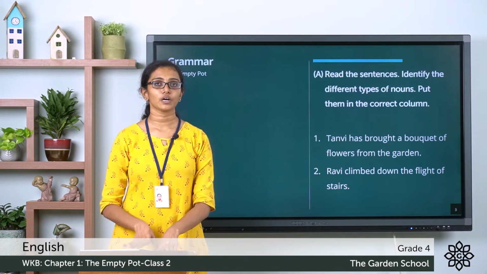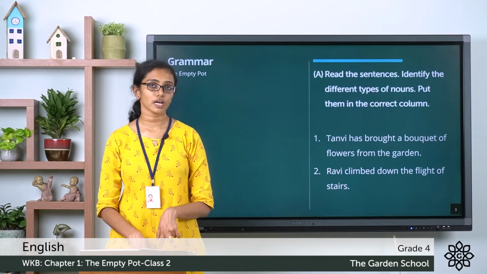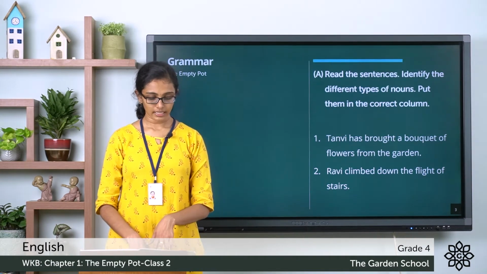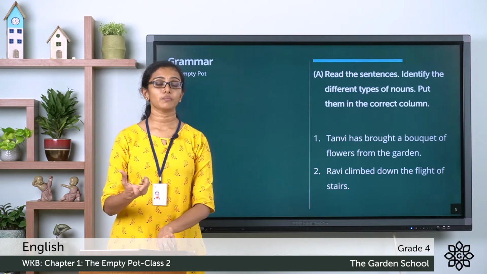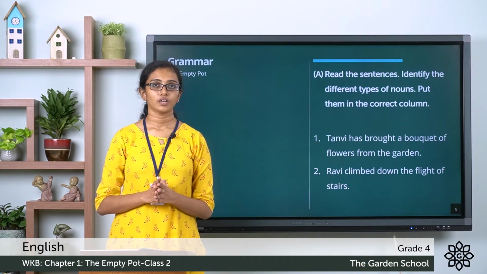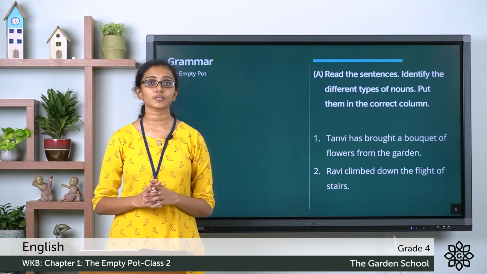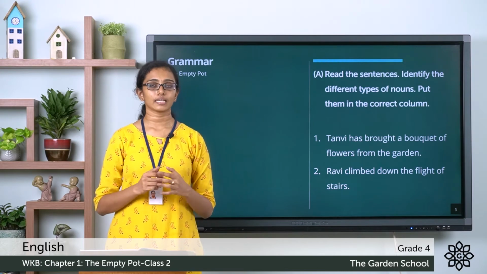These are examples of common nouns. So these words are written in the column called common. And then in the same sentence, you can see the word bouquet, which represents a collection of flowers. So the word bouquet is an example of a collective noun and it is written in the column called collective.